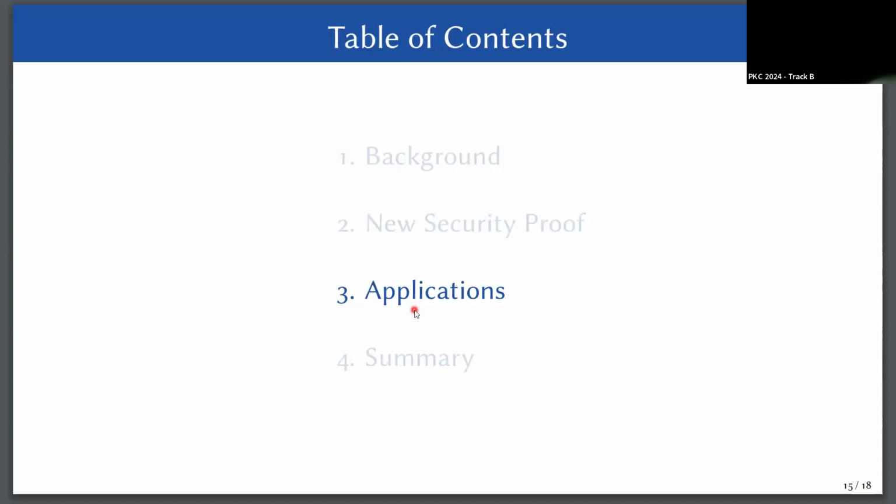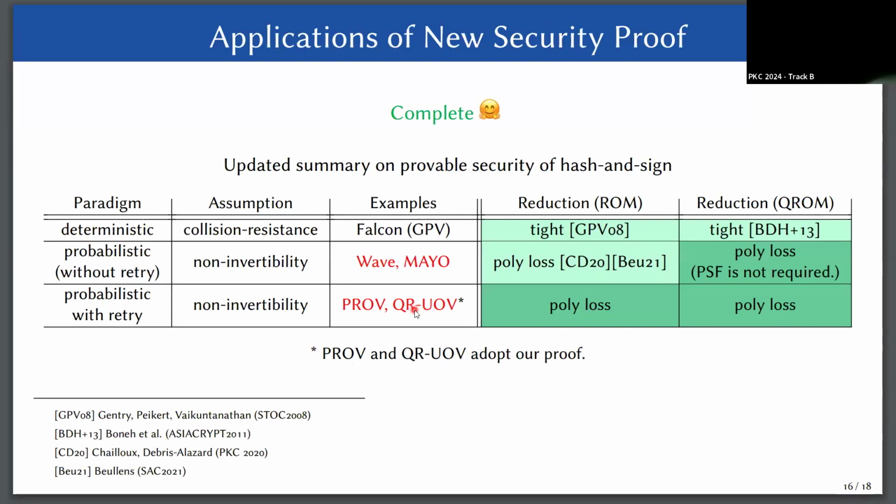And we applied our proof to some signature schemes. As for the probabilistic Hash-and-Sign based on non-invertibility, we added another proof in the QROM, and this proof doesn't require PSF. In a sense, we relaxed the requirement for this reduction.